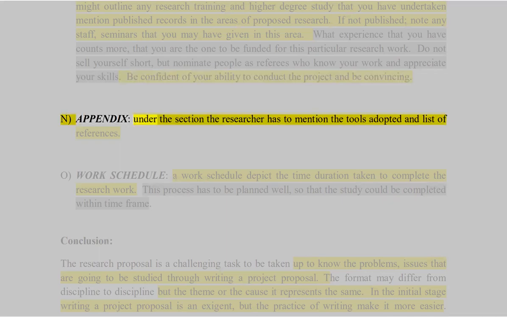N. Appendix. Under this section, the researcher has to mention the tools adopted and list of references.